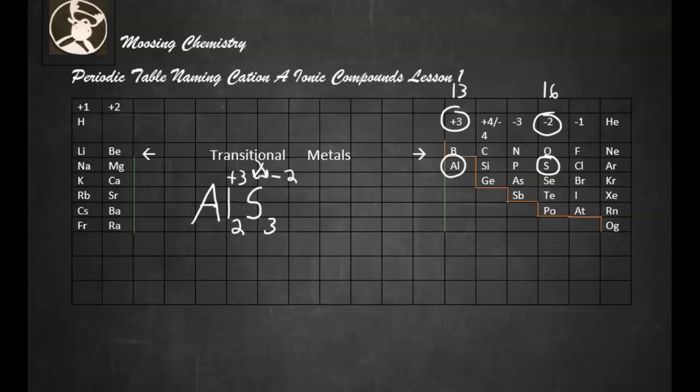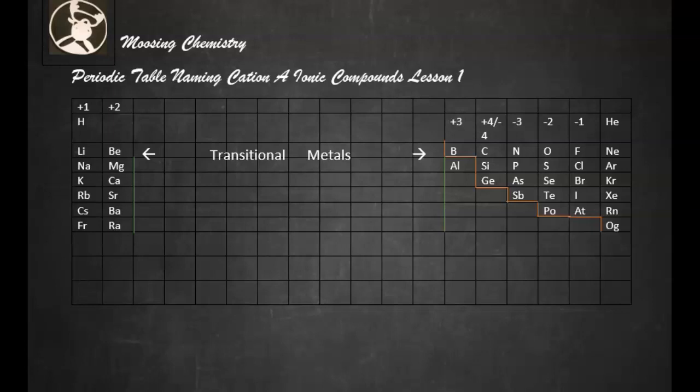All right, let's try one more since we're having so much fun. Let's try, I know, strontium, Sr. Strontium, and then let's try another one with it. Let's say chlorine.